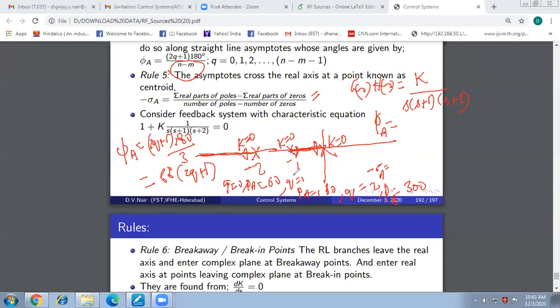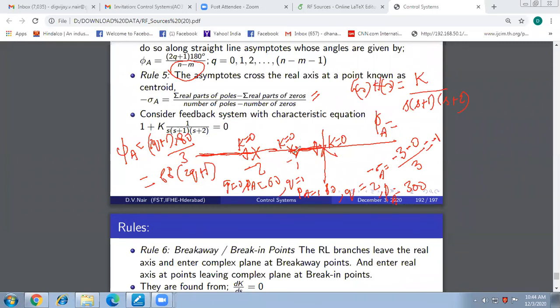The poles are all real: minus 1, minus 2, and 0, so the sum of real parts is minus 3. There are no zeros, so that term is 0. N is the number of poles, m the number of zeros, and n minus m is 3 minus 0, that is 3. So the centroid, sigma a, is minus 1.